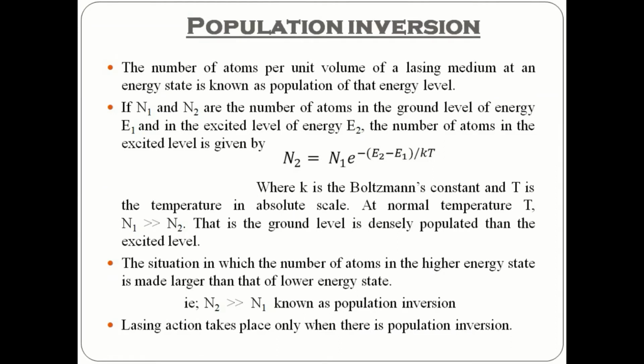The basic requirement for lasing action is population inversion, so we should know what it is. In general, the ground state is more populated than the excited level, that is n1 greater than n2. Population inversion is just the inversion of this, that means n2 far greater than n1.